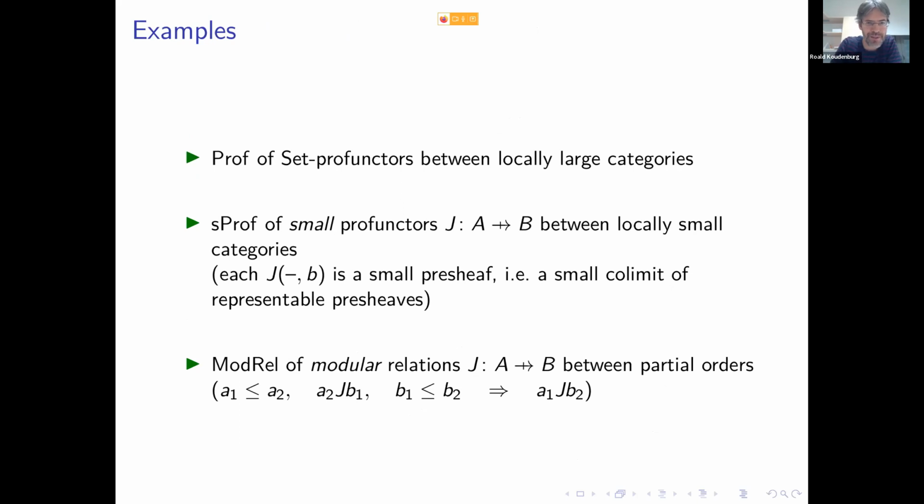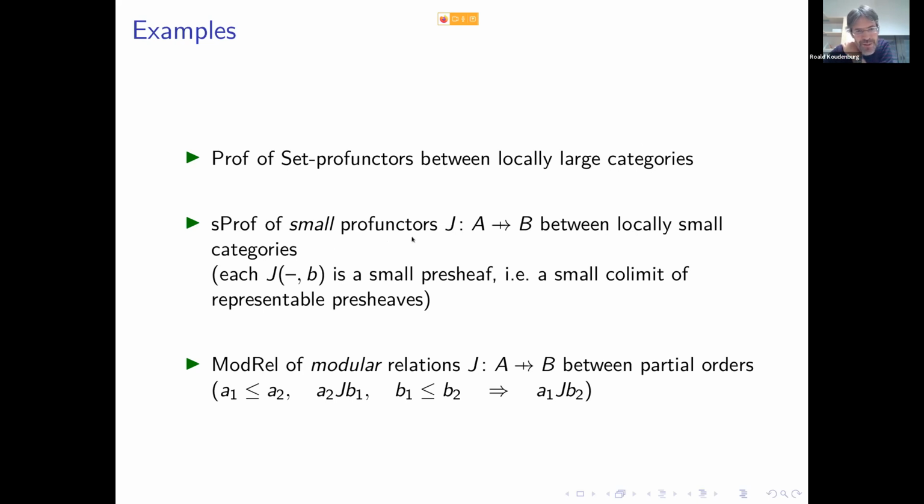Let's look at some examples. So these three examples are the ones that we'll use mostly. So we have the augmented virtual double category Prof of set pro functors between locally large categories, right? That's what we'll use to formalize the classical Yoneda embeddings in. Then we can restrict the size of the pro functors, and that allows us to only consider locally small categories.